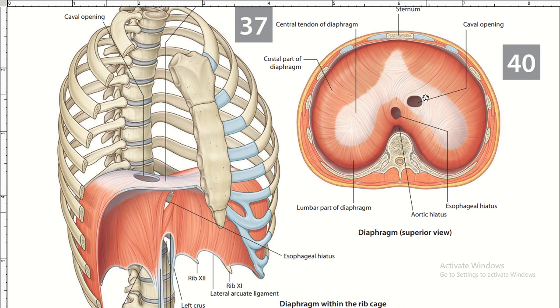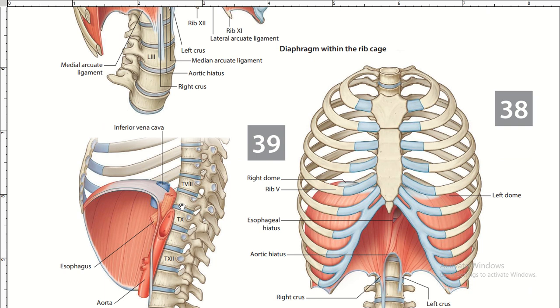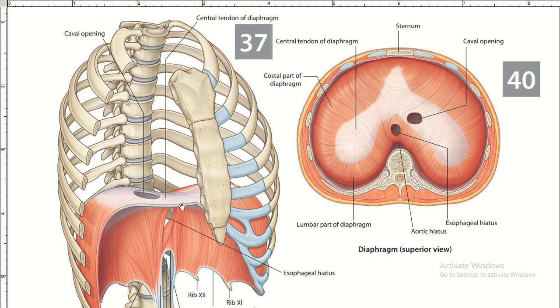What is important about these openings is to know their level in relation to the thoracic vertebrae, as well as to understand the structures that pass through the space. In the vena cava opening, you're going to have the inferior vena cava and the right phrenic nerve.